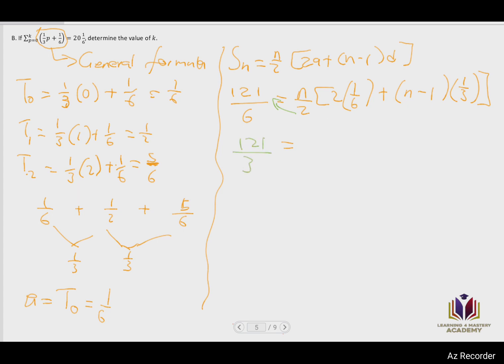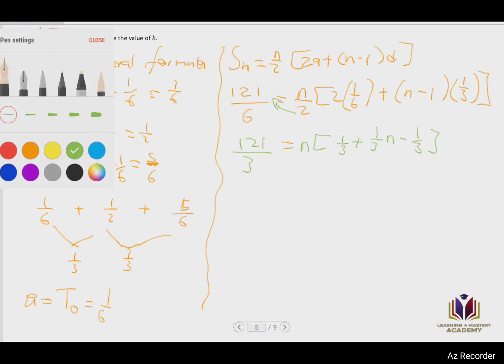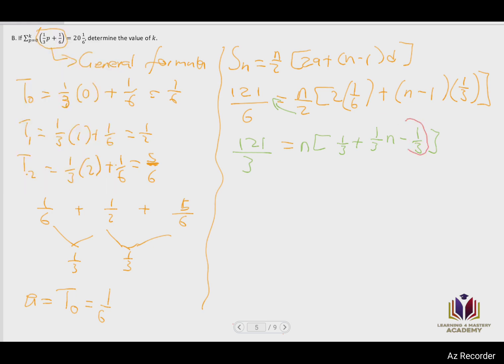Okay, then on this side I'm just going to have n open bracket. This is going to give me 1/3 plus, that side we're going to have 1/3n minus 1/3 close bracket. These two are equal, but they share different operations. It's positive and minus, so they're going to cancel out, which then means that from here I'm going to be left with n open bracket 1/3n. That side I'm going to have 1/3.